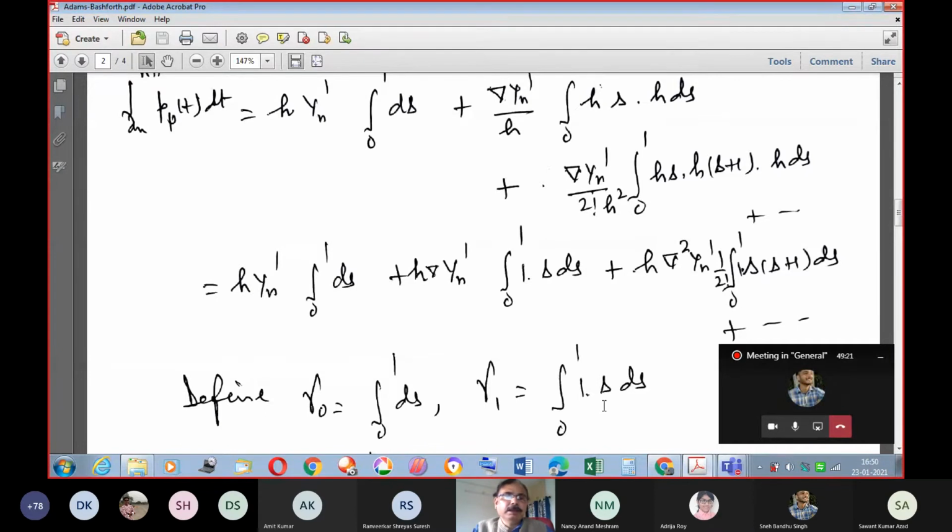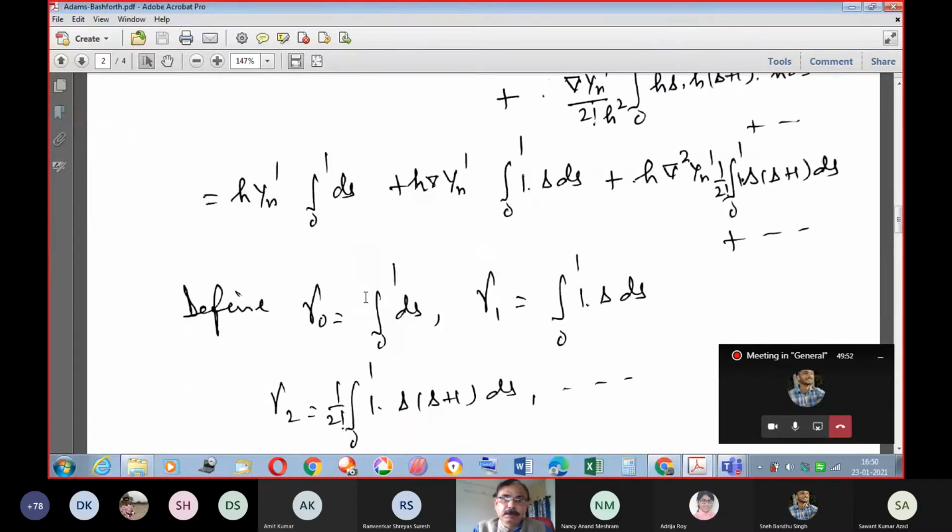So what is on the left hand side? We have written yn plus 1 minus yn equals h yn prime, because gamma naught is 1. Right? Yes, sir. What will be the error term then? This corresponds to p equal to 0.